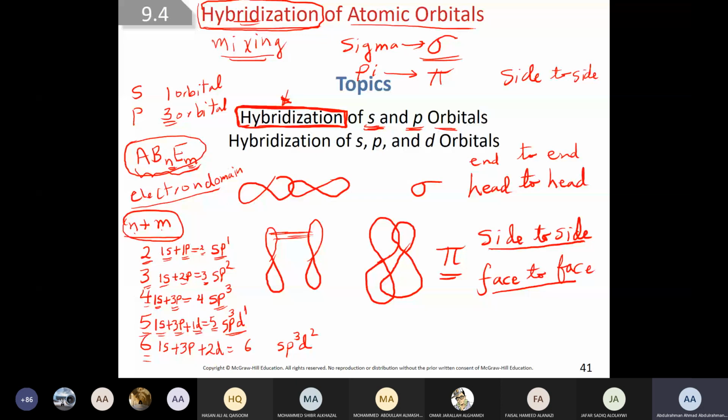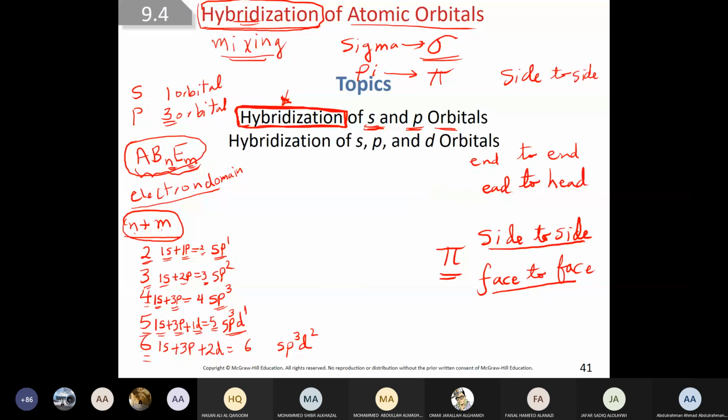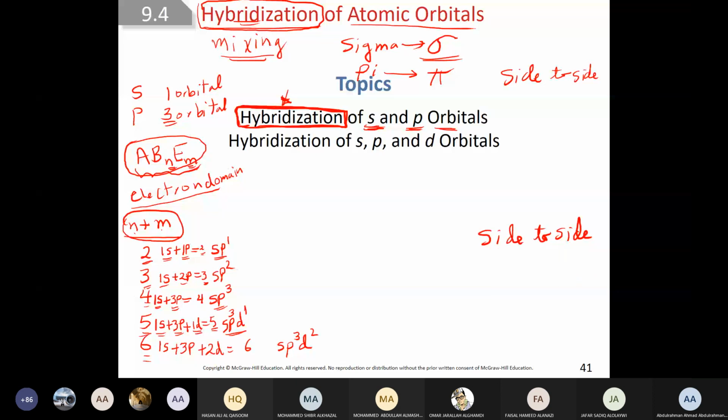That's why, let's have some examples. Using this theory, which is hybridization, if we have this molecule, then what is the hybridization that we're going to have?